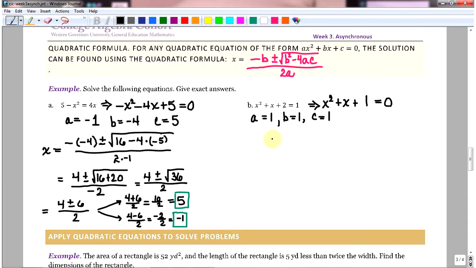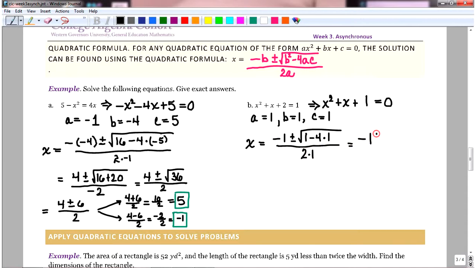Okay, so x will equal the opposite of b, so negative 1, plus or minus the square root of b squared, 1 squared is just 1, minus 4 times a times c, 1 times 1 is 1, divided by 2 times a, 2 times 1.